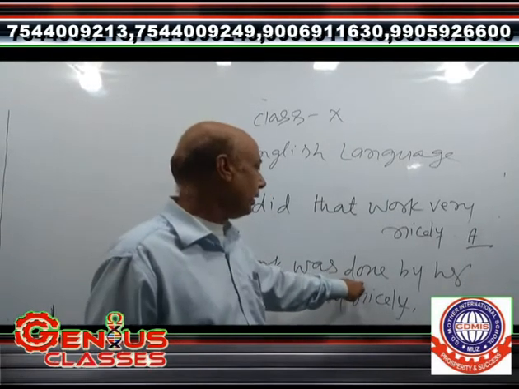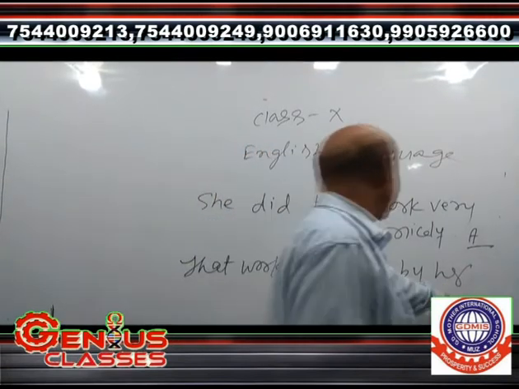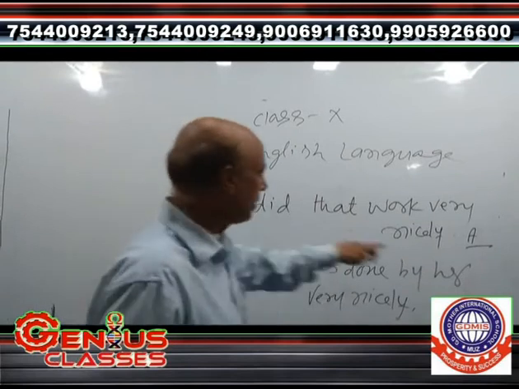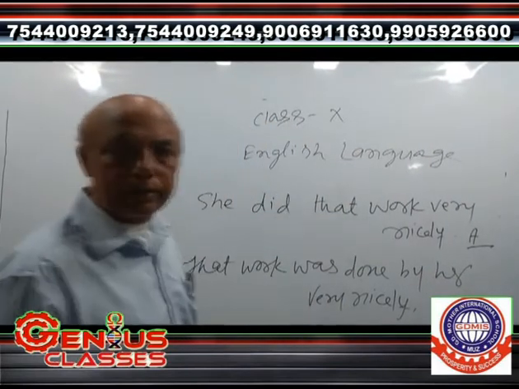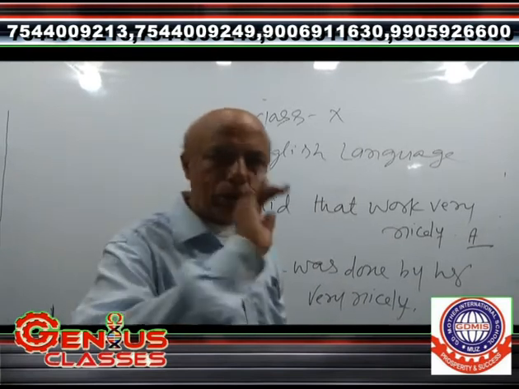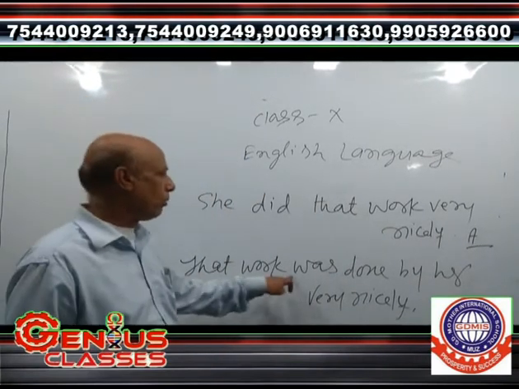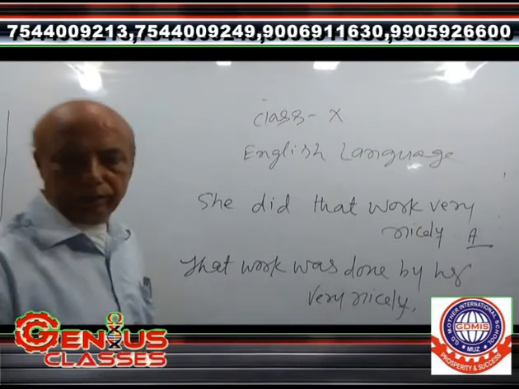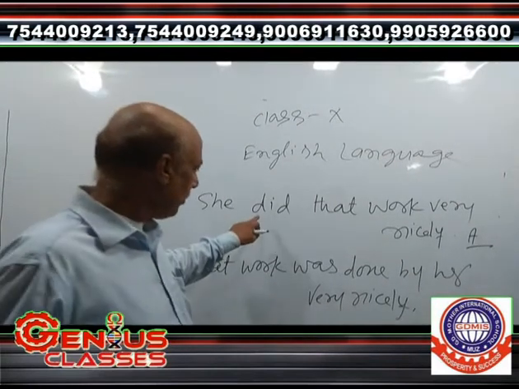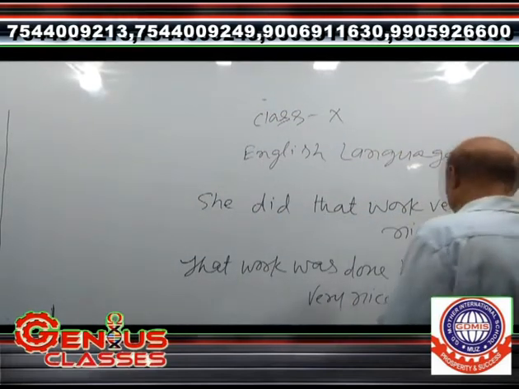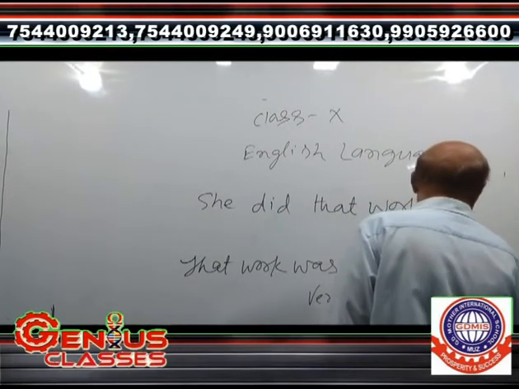So here done has been applied. By her has been used instead of she. She has been changed in form of her in course of changing from active into passive. That work was done by her very nicely. It is in simple past tense. Passive.